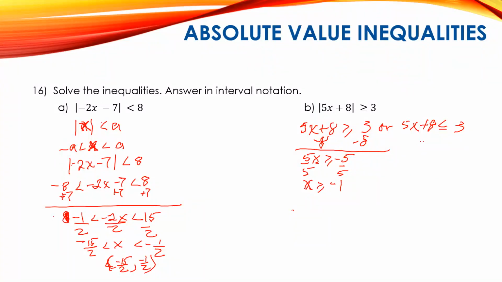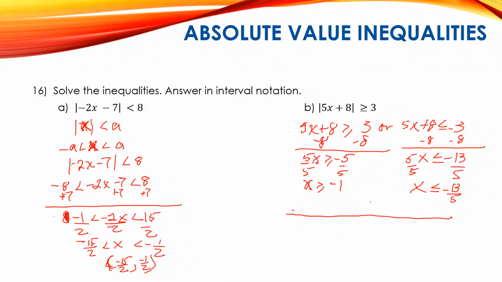And this one was negative 3. Minus 8, minus 8. That should be 5x less than or equal to negative 11... and divide by 5. That means x will be less than or equal to negative 13 over 5. And this is my line.